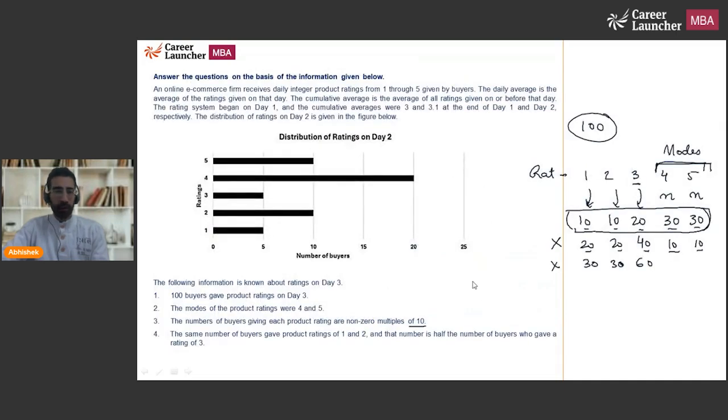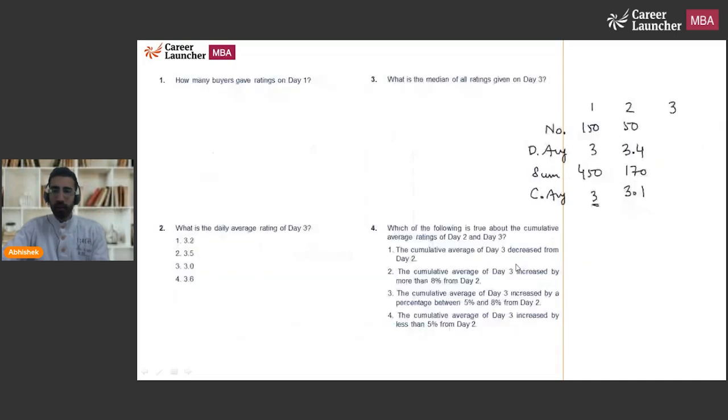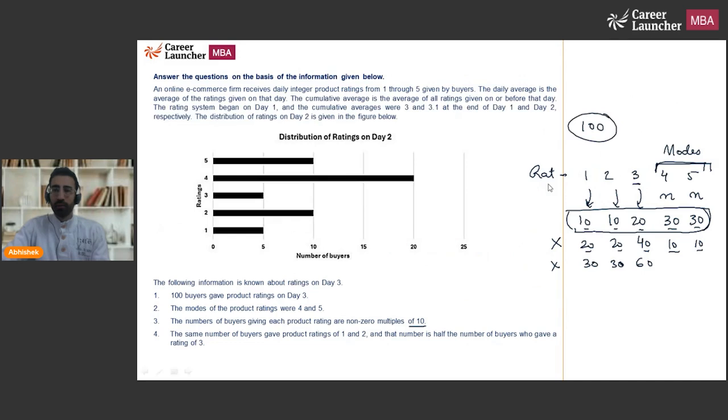And can you calculate the average and all that? Absolutely, yes. Let's just calculate the average first. Your total sum of ratings will be 1 into 10, 10, plus 2 into 10, 20, plus 3 into 20, 60, 4 into 30 plus 5 into 30, that's 9 into 30, 270.